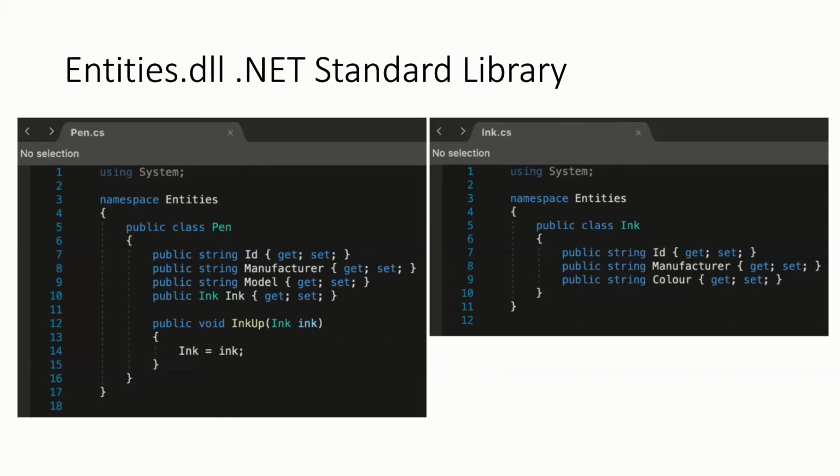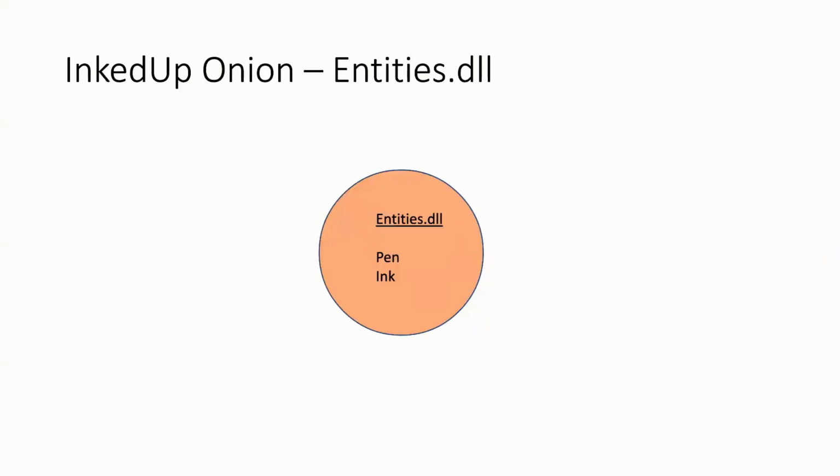This reminds me of domain-driven design and what the people who practice it call the ubiquitous language, where rather than writing code using technical terms for methods and things, you use terms that are the language that would be used by someone who's going to be a user of the application. Ink up is something that people who use fountain pens would say, that they ink a pen up. So it made sense to use that sort of terminology.